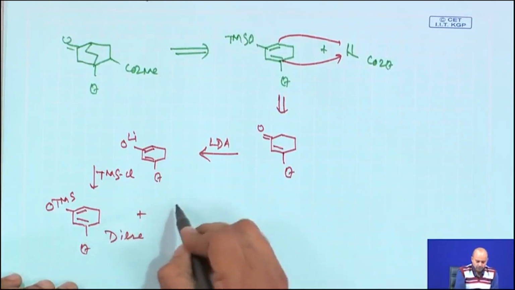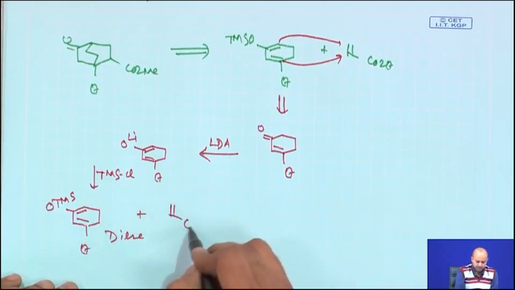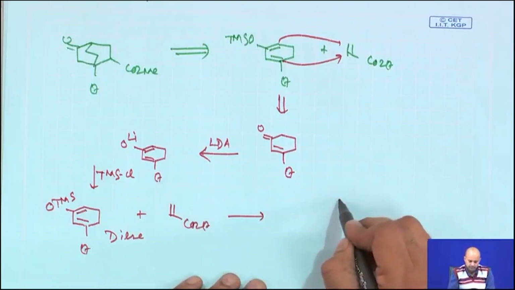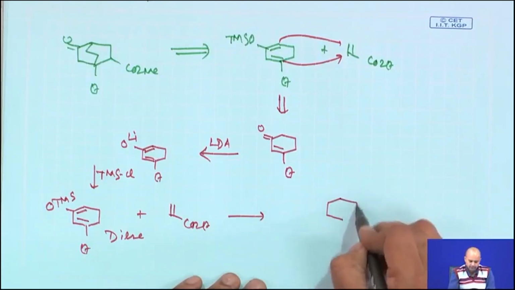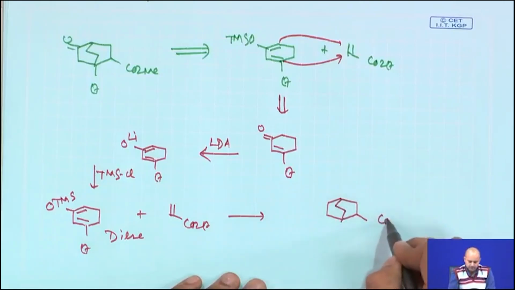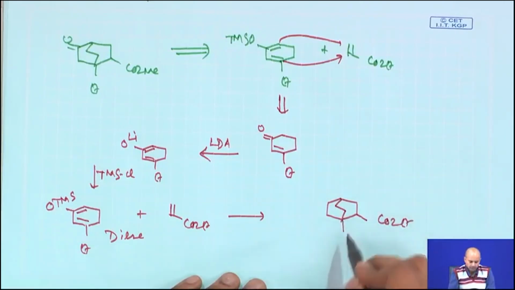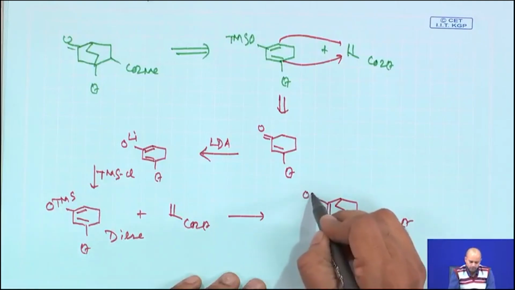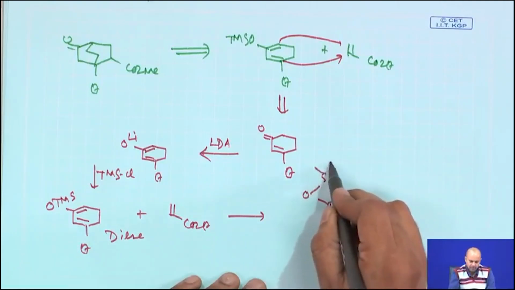Now you react with ethyl acrylate in a 4+2 fashion. Eventually what you will get, the bridged structure we write in this fashion: you get this CO2Et, you get this ethyl, and you get a double bond with this OSiMe3.